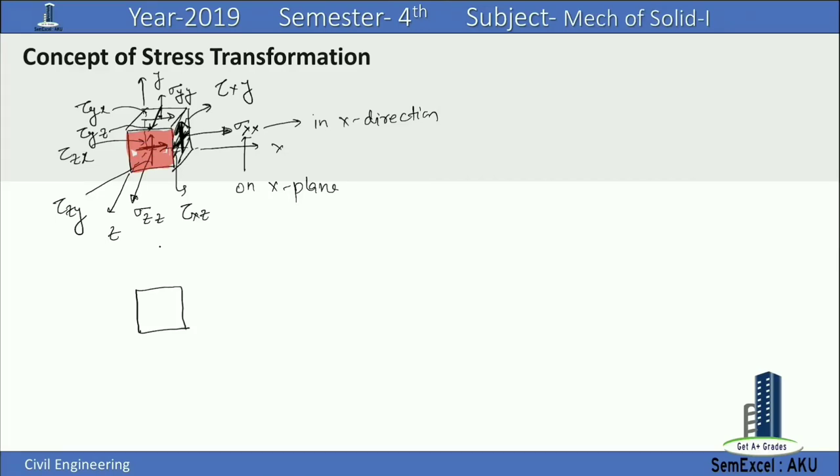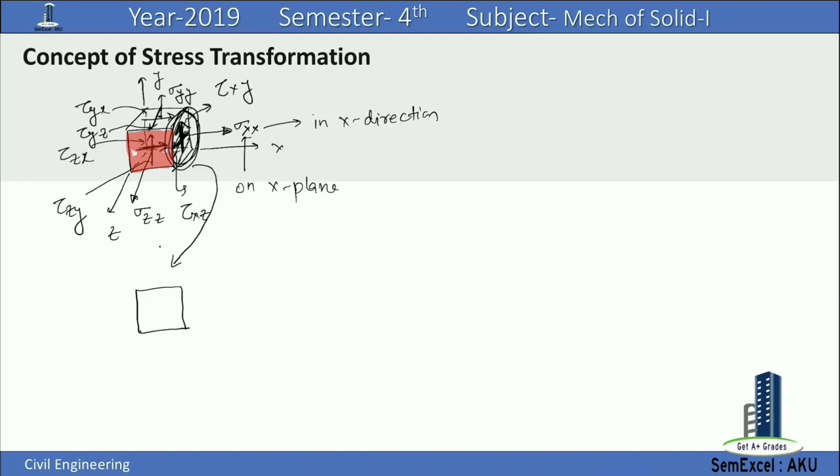We are converting from the 3D stress system to the 2D stress system. If the stress is plane stress, what does plane stress mean? It means the stresses across the thickness should be uniform and constant.